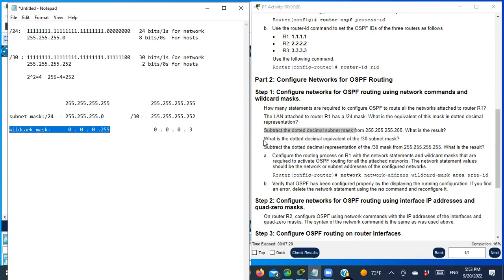Okay, let's keep going. What is the dotted decimal equivalent of the /30 subnet mask? /30 means there are 30 bits, or ones, for network and 2 bits, or zeros, for hosts. The 2 bits for hosts: 2 to the power 2 equals 4. And we use a magic number, 256 minus 4 equals 252.